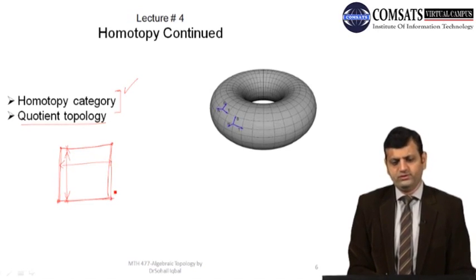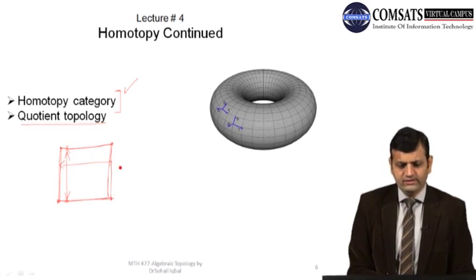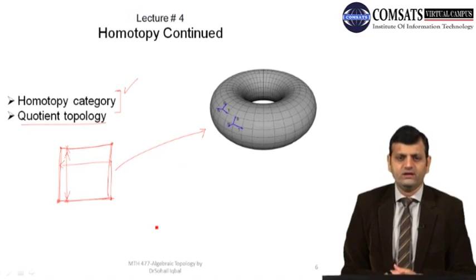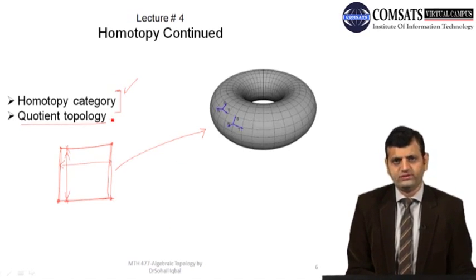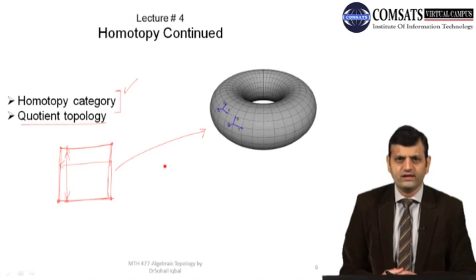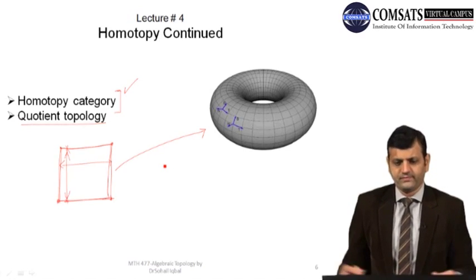If we do that, then basically we will get a torus. Similarly, we can obtain other structures using this idea of quotient topology. And needless to say, we have been using this notion of quotient topology again and again throughout our lectures.